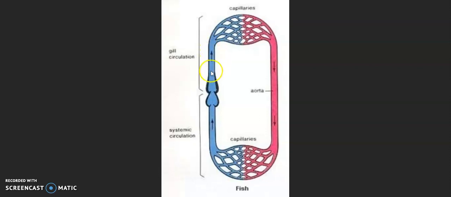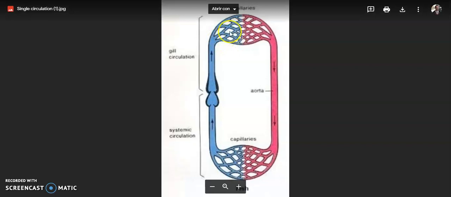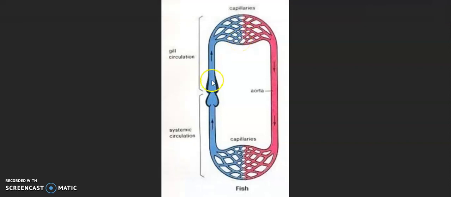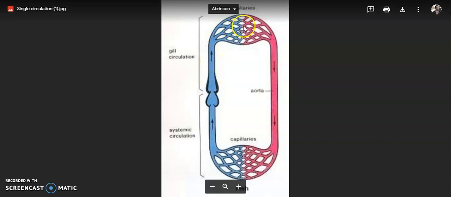Basically, when the blood arrives at the gills of the fish, it has to branch out into many, many tiny capillaries, as you can see here, which will allow that exchange to happen. What is the problem? When the blood gets to the capillaries in the gills, the pressure that the blood had is quite lost.